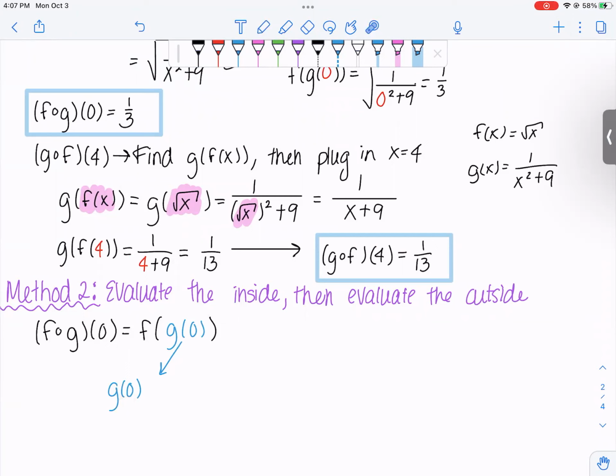If I'm finding g of 0, that's plugging 0 into the function g. So this would be 1 over 0 squared plus 9. So that's 1/9. So I evaluated the inside, and now instead of g of 0, I'm going to put 1/9 there because g of 0 is 1/9. So I have f of 1/9.